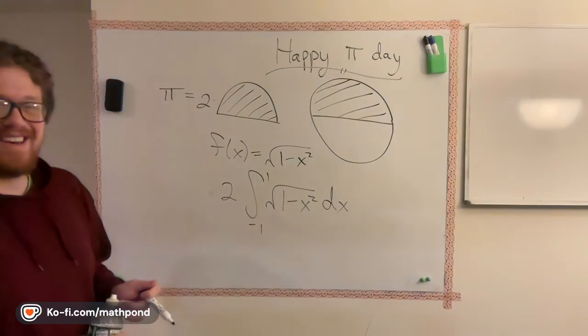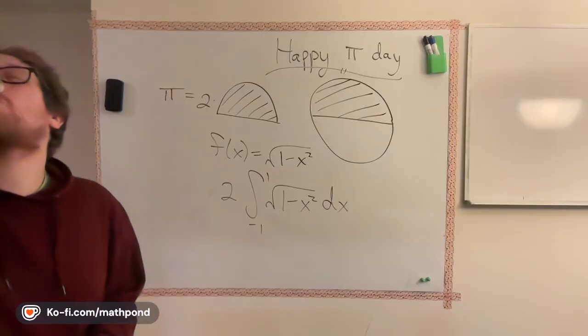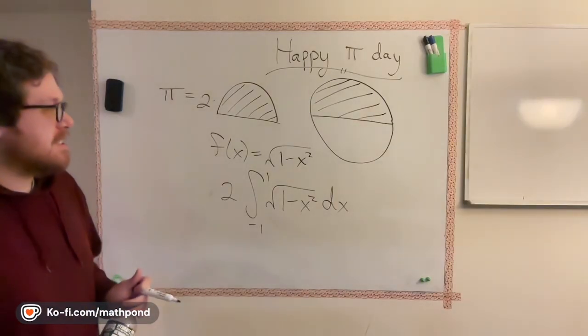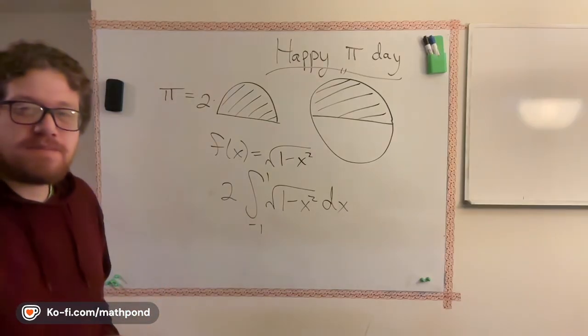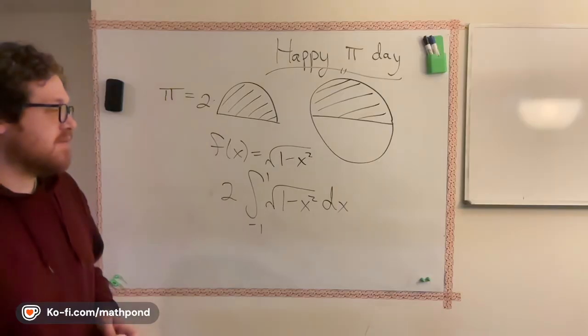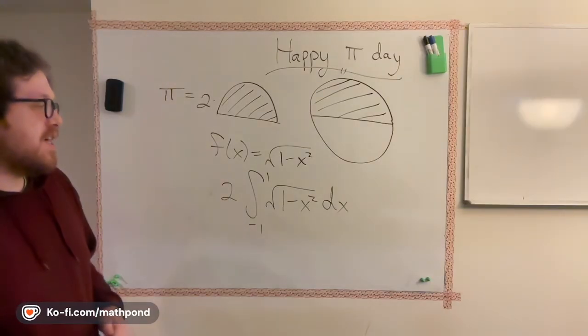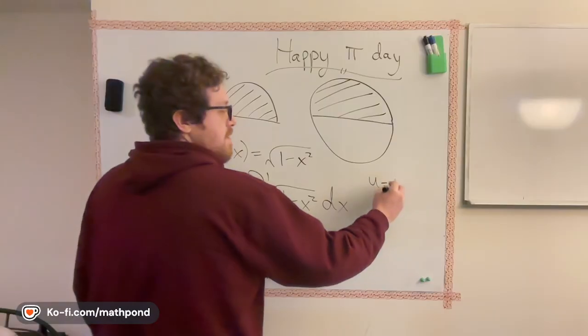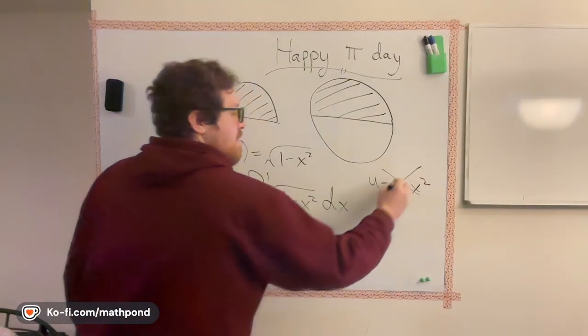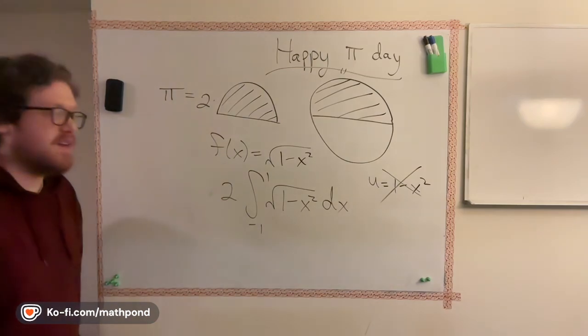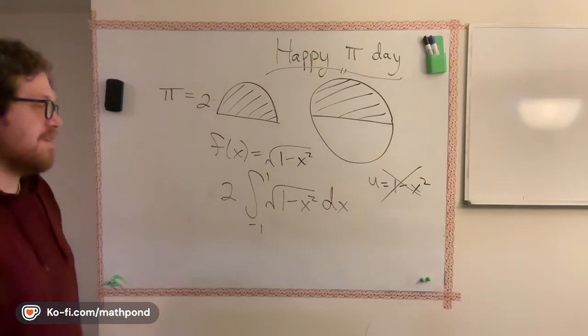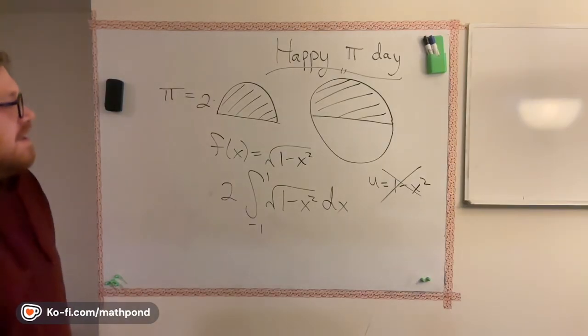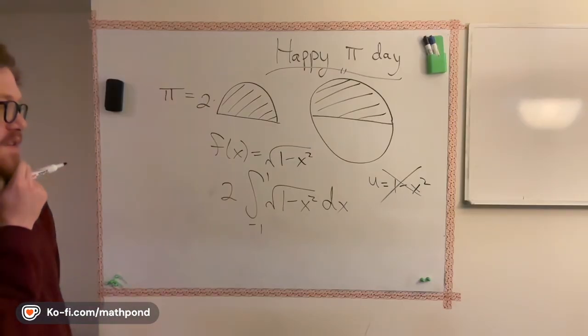I can't tell. So yeah, u equals 1 minus x squared, I don't think that works. Unless I'm wrong. My chat can call me out if I'm wrong. But I think I know the correct substitution.